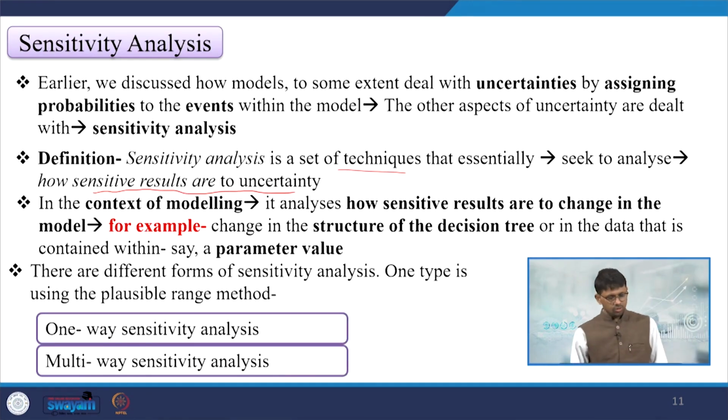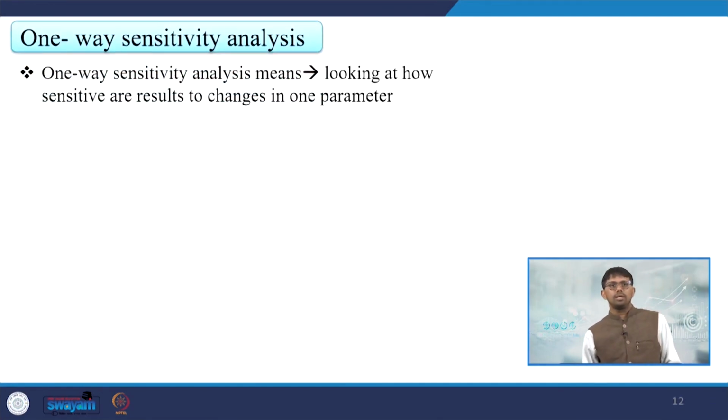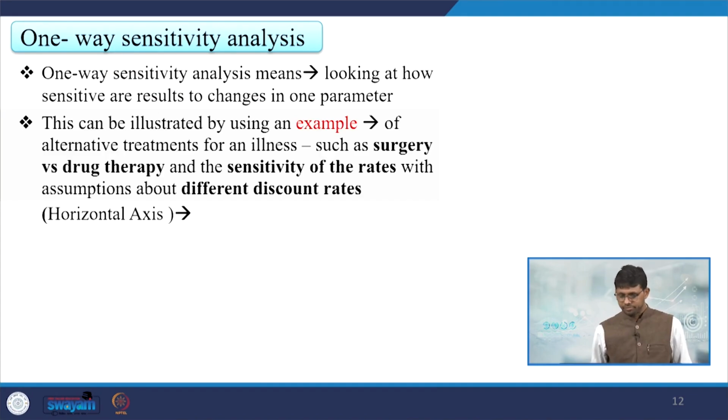Okay, so there are different forms of sensitivity analysis. One type uses the plausible range method, which is called one-way sensitivity analysis, and there is also multi-way sensitivity analysis. In one-way sensitivity analysis, we are looking at how sensitive the results are to a change in one parameter.